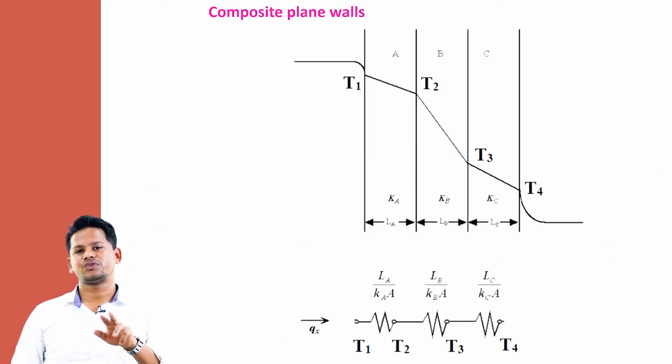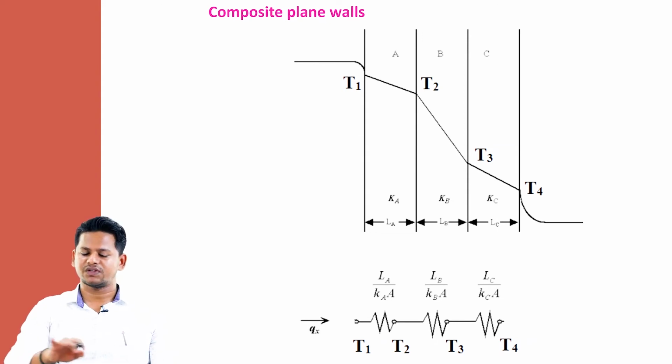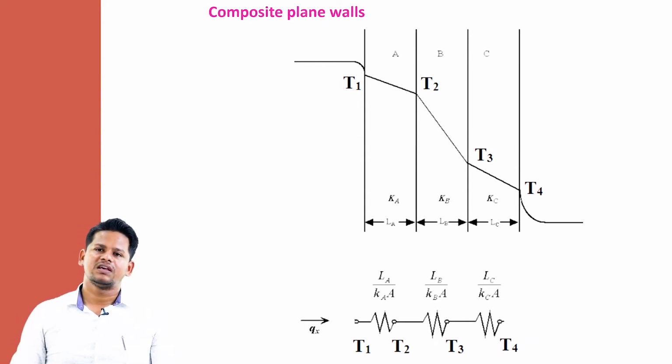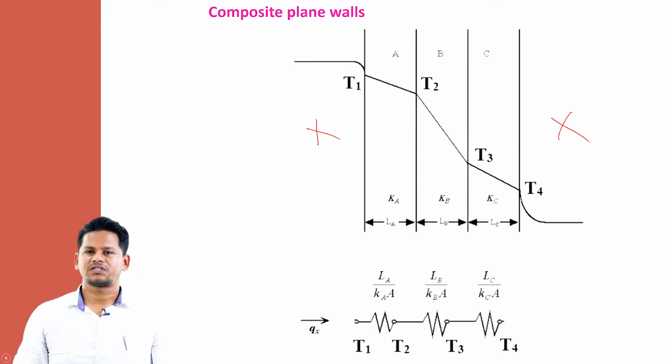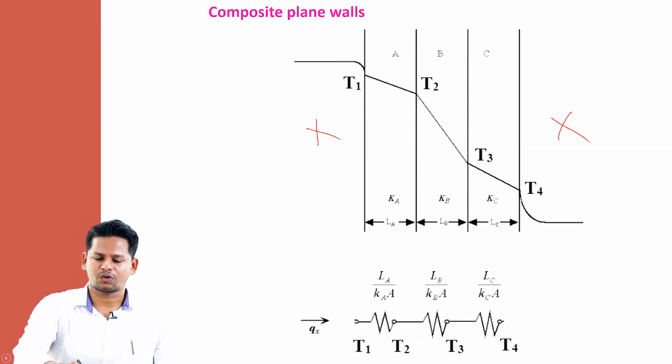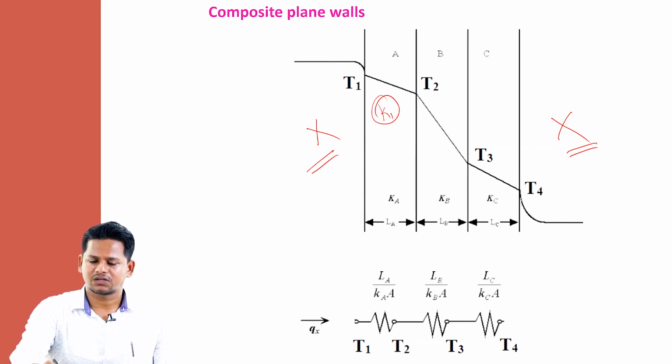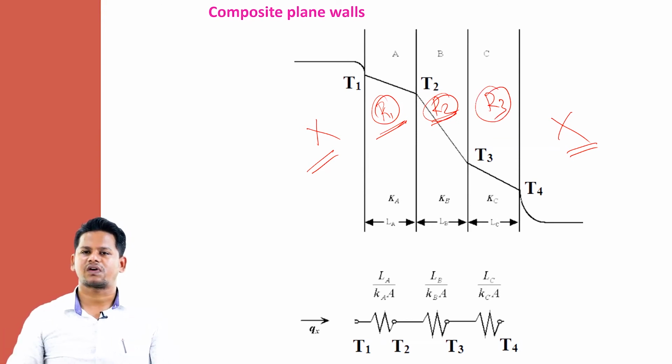Next, let us assume that instead of 2 we have 3 composite plane walls. Here we don't have any convection, only conduction, so there is no need to go for 1 by HA. We have conduction 1, conduction 2, conduction 3, so thermal conductive resistances R1, R2 and R3.